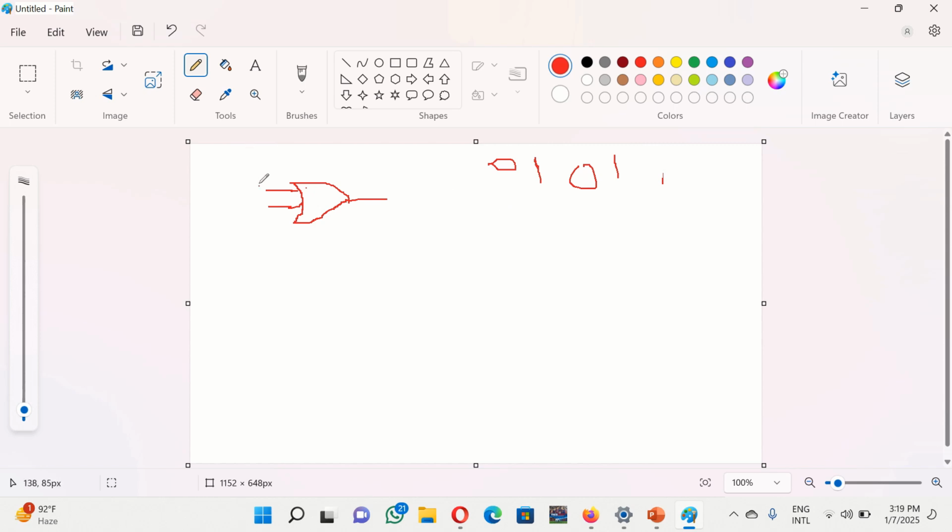So the same format, we have A for the first input of the OR gate. This one is A, and what is here is B. Sorry, my pointer is misbehaving.